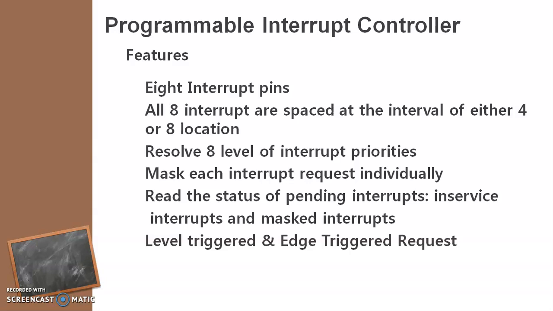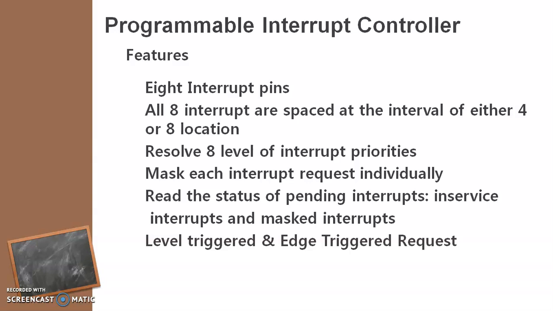Then it will push the status, the accumulator content, the code segment and instruction pointer onto the stack. Then it identifies the source of the interrupt. Then it goes to the location where it picks up a new code segment and instruction pointer address to serve the source of interrupt, which we call the interrupt service routine.